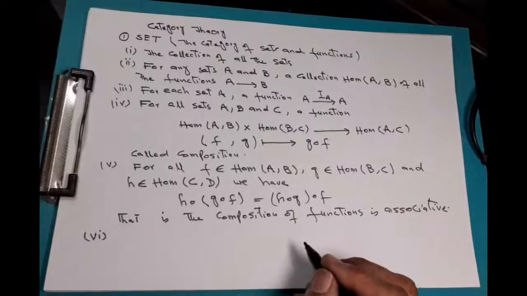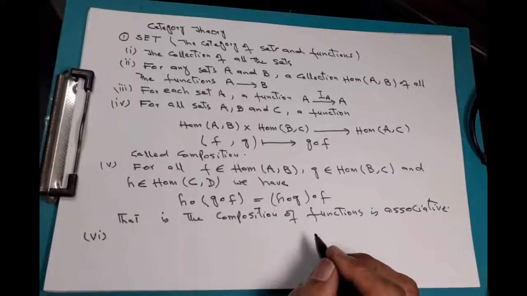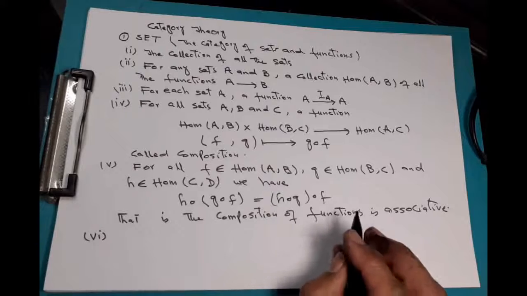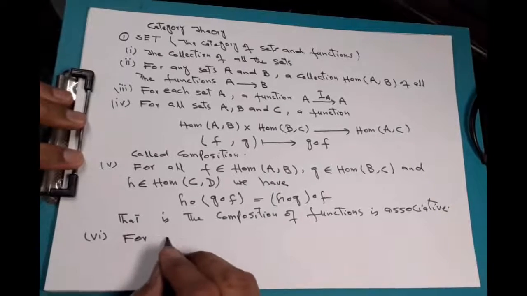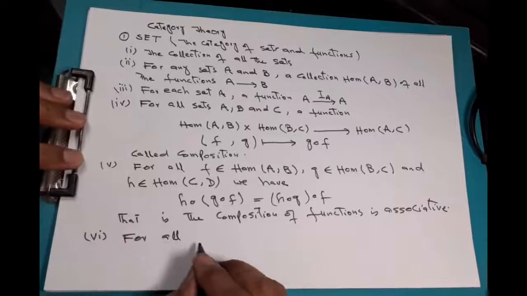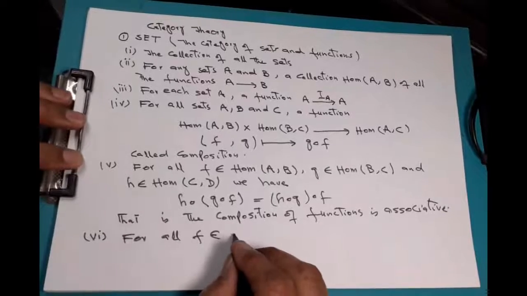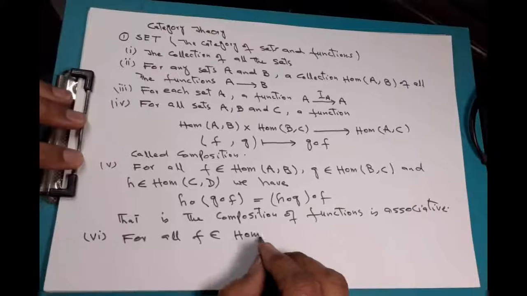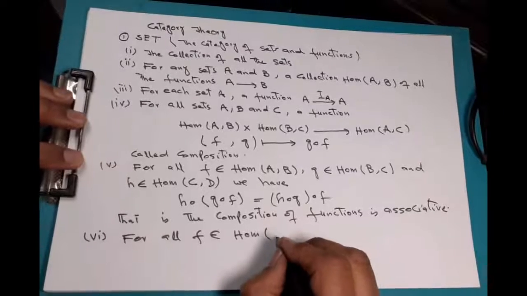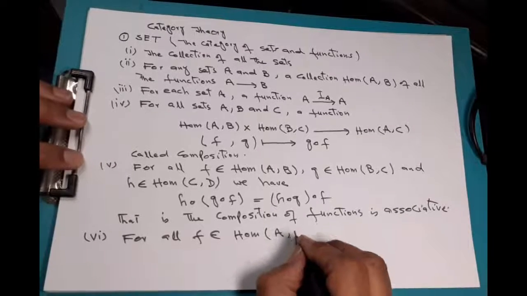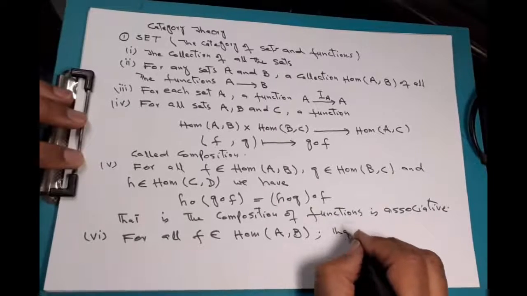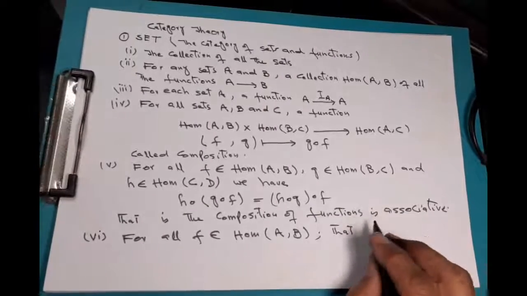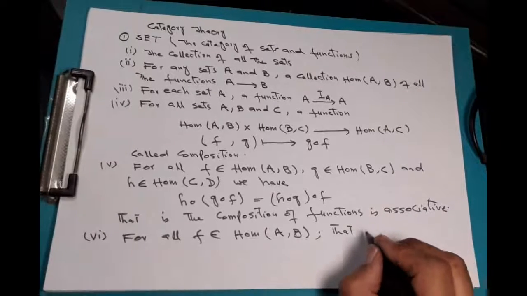And the sixth component of our definition was, for all F belonging to Hom AB, it is better to write it in the form of an arrow.